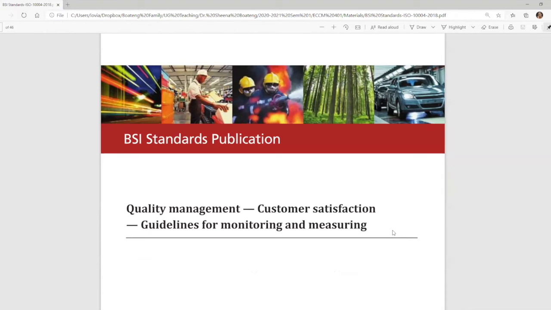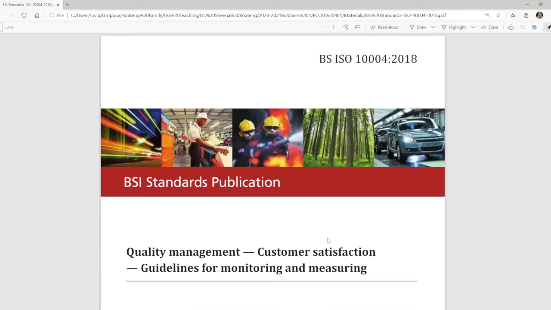So please, can you see the screen that I'm sharing? Yes, please. Good. Now this publication is by the British Standards Institution. I've forgotten the full name, but it's the organization for British standards, the same way we have the Ghana Standards Authority, right?